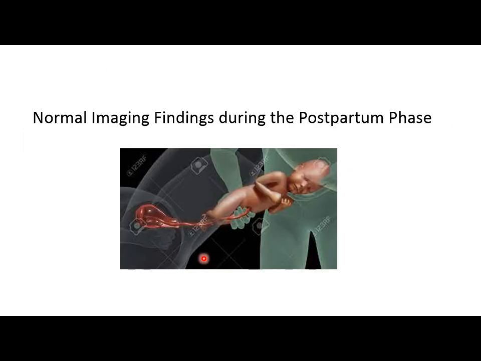Okay. Good. So in order to know the postpartum complications, it is important to know some normal imaging findings during the postpartum period. The appearance of the uterus during the postpartum is somewhat complex, and so the normal appearance may look like complications.